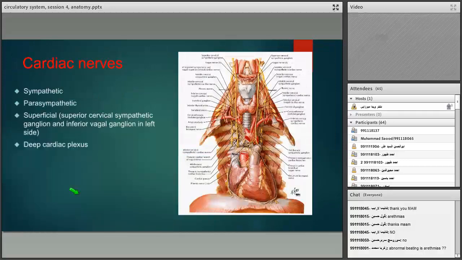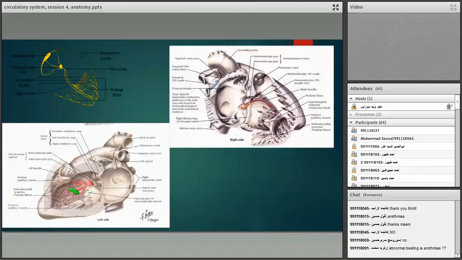Before explaining the cardiac nerves, I just explained the previous slides. Look at here: SA node, AV node, three internodal bundles. I said that the His bundle is going to the apex of the heart, and then the Purkinje branches are distributing into the cardiac muscles, the ventricular muscles.